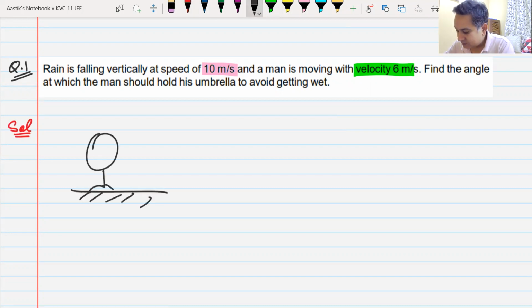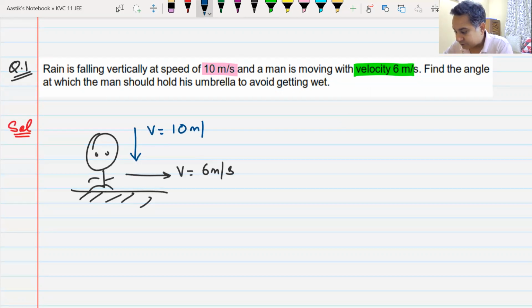This is my man. He is walking with a velocity of 6 meter per second. Rain is falling vertically downwards with a velocity of 10 meter per second. It is as simple as it gets.